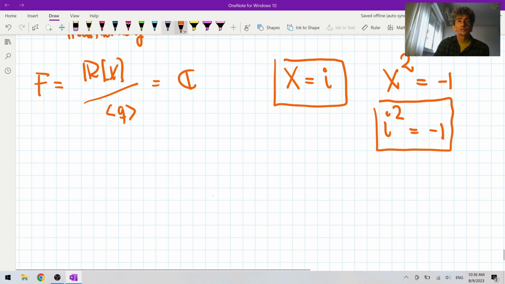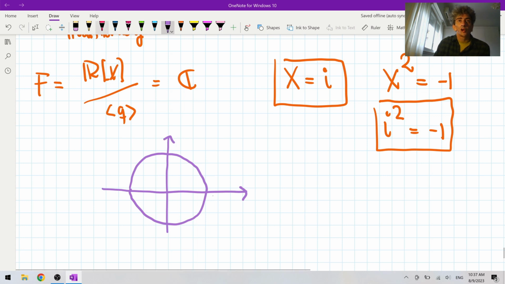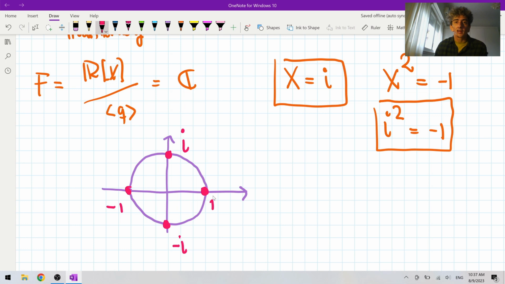And there's a graphic disposition of the roots. Okay, so take, for instance, the unit circle. All the roots are 1, minus 1, i, and minus i.